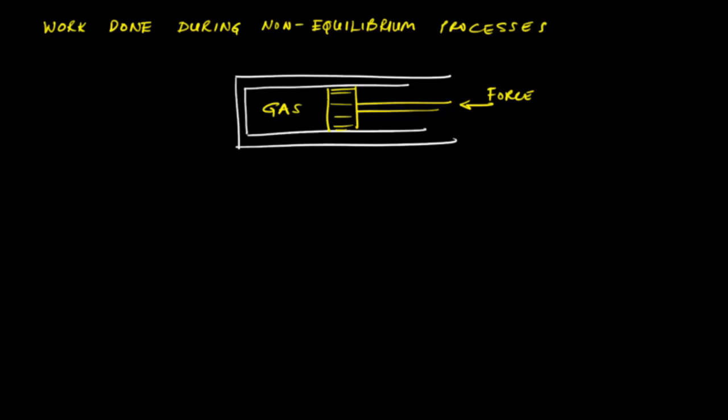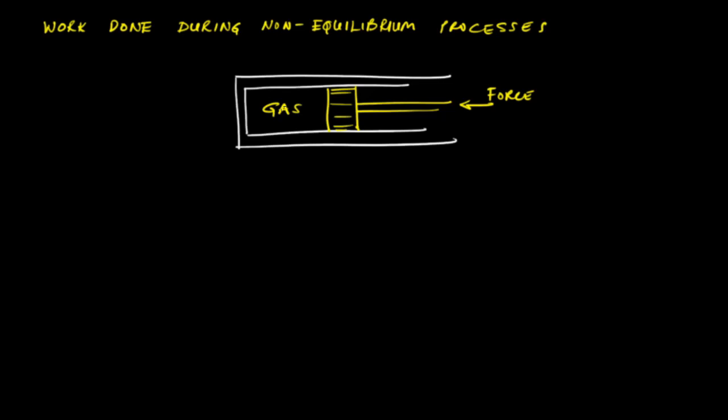We've seen that if we apply the force slowly, that means if we move the piston slowly and compress the gas, then the process can be approximated as a quasi-equilibrium reversible process.